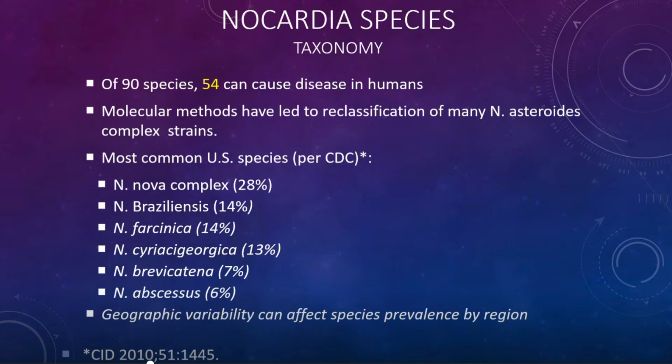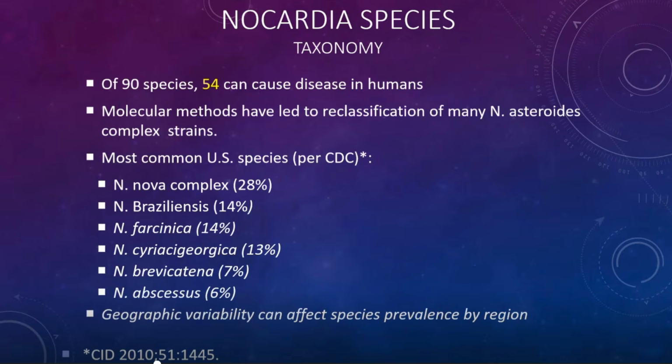When I started in the practice of infectious disease, there were basically two strains of Nocardia, Nocardia asteroides and Nocardia brasiliensis. But through molecular methods, it was further determined that the organisms that were classified under Nocardia asteroides were really many different strains.